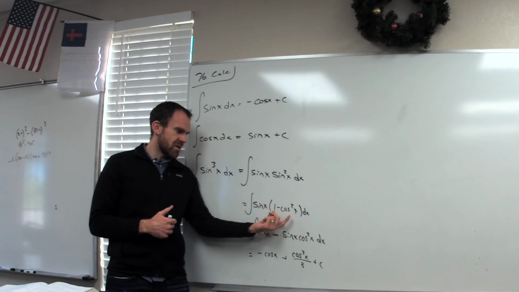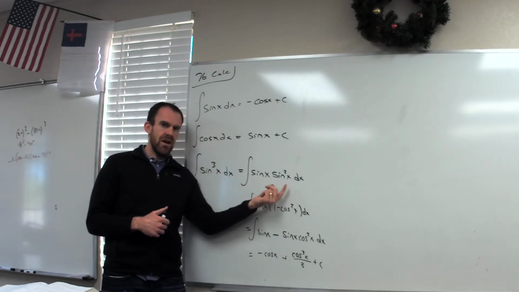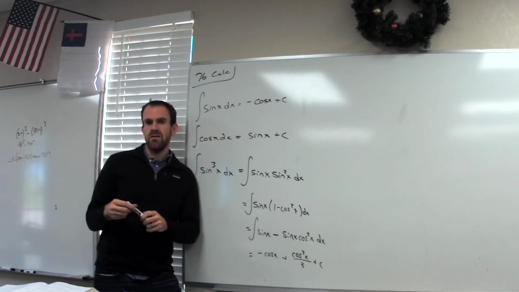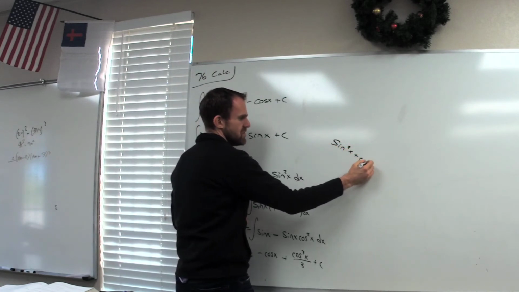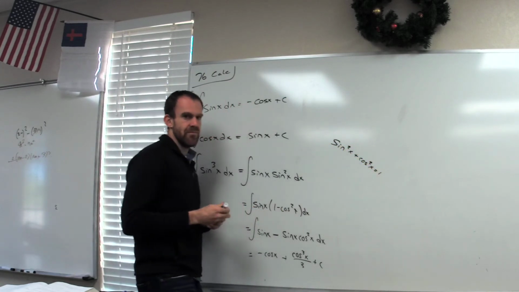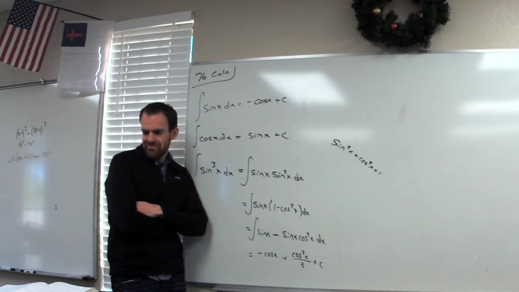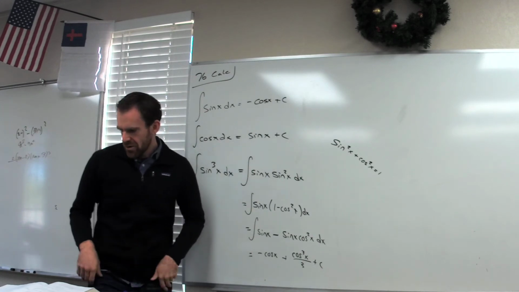So the trick is you're going to take the cubed, or whatever odd power you have, and replace it with your Pythagorean identity, because sine squared plus cosine squared equals 1. Gross? Nah, this is the easy one. Impossible? Not really.